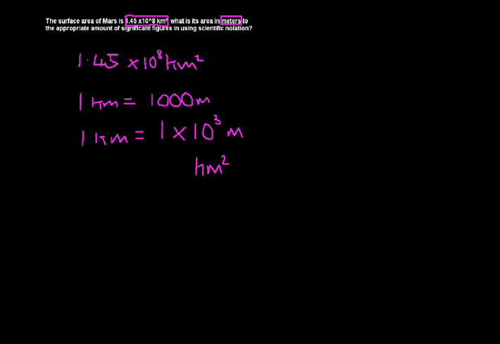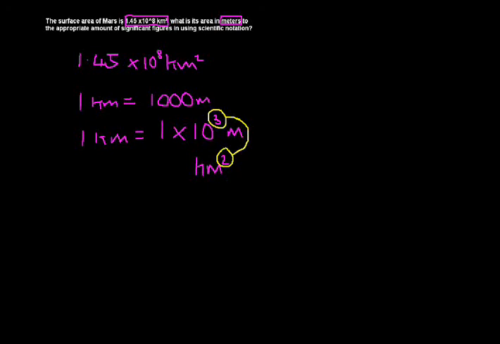We do the same again. We take this here, which is our squared for the kilometers, which is what we're after, and we take this from our conversion factor and join them up. So what did we do last time? Last time we just times them together, didn't we? Just times them together. It's exactly the same.